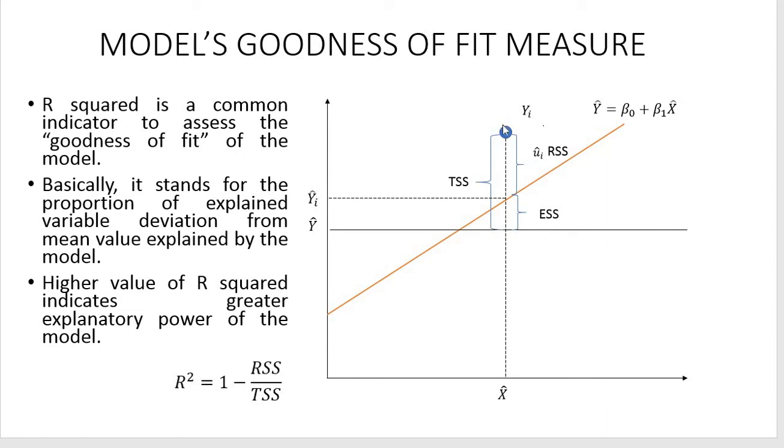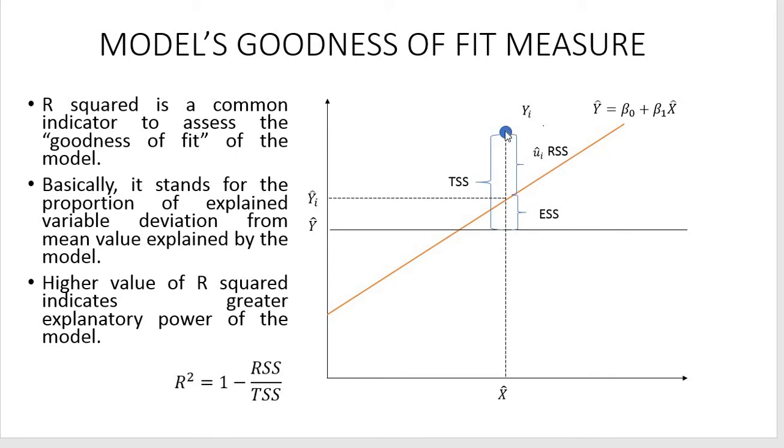The difference between the actual value of y and the population mean will stand for the total sum of squares. Again, in this case, you take all those differences, square them, and sum them, because we are not interested in direction, just in magnitude.